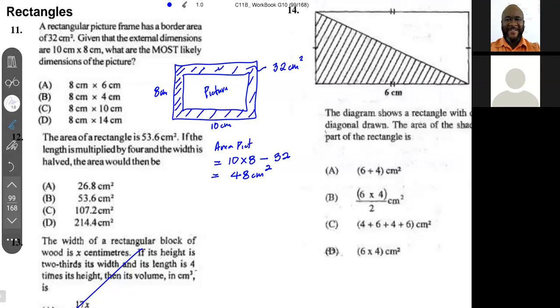Which two numbers up there, when I multiply them together, I get 48? And the answer for that is A. The most likely dimensions of the rectangle are 8 by 6, because 8 multiplied by 6 is 48.